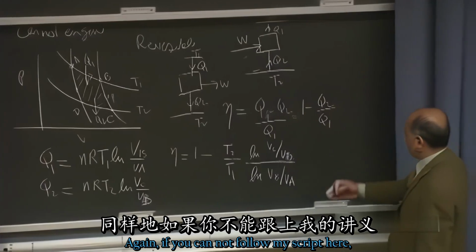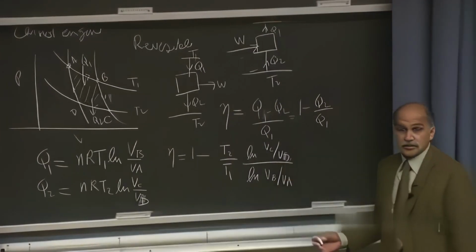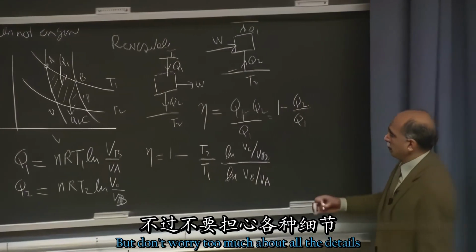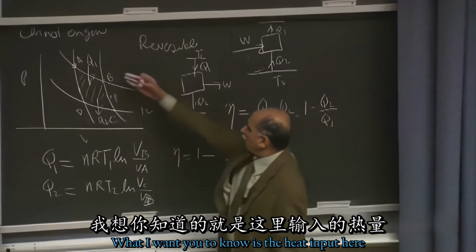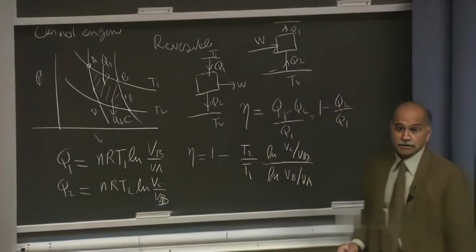Again, if you cannot follow my script here, you may have to go back and get the subscript right. But don't worry too much about all the details. What I want you to know is the heat input here and the heat rejected here are all familiar quantities from what I did earlier.